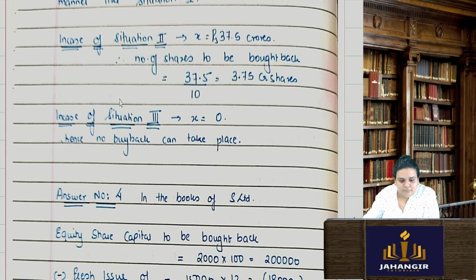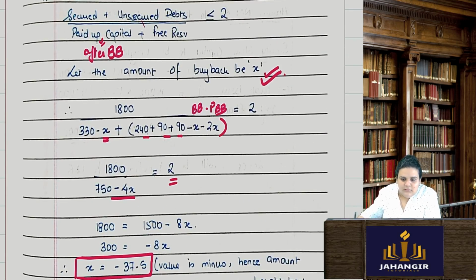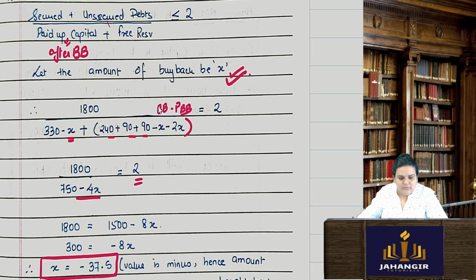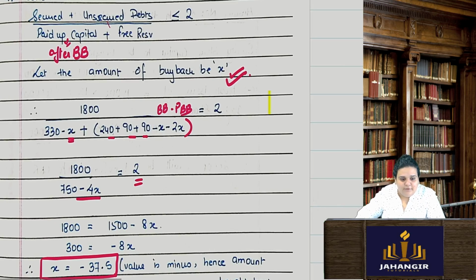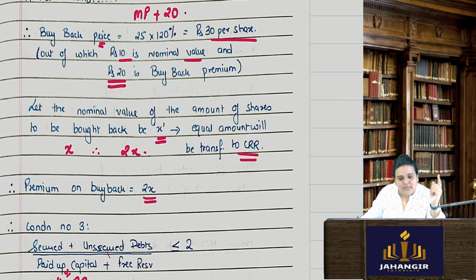Now, in case of situation 2, when you will calculate x, similarly, same thing, instead of 1800, I will now have over here 1200. I have to assume everything the same. Let the nominal value of the buyback shares be x.